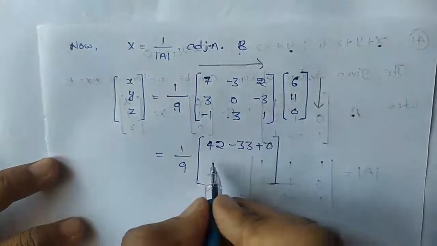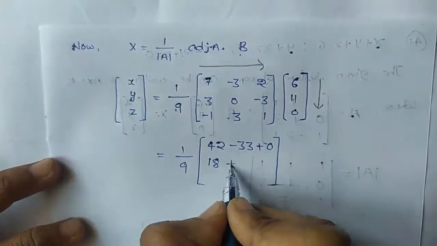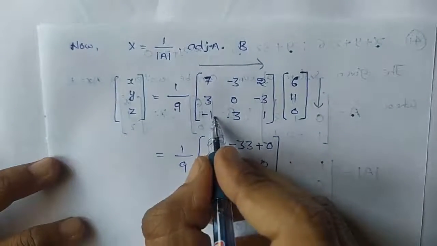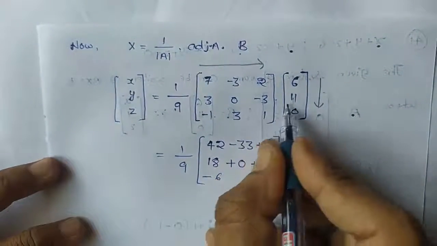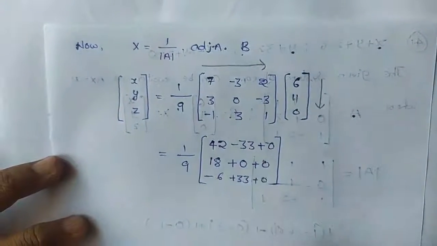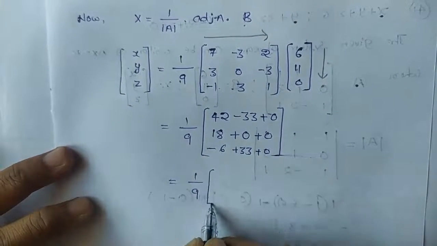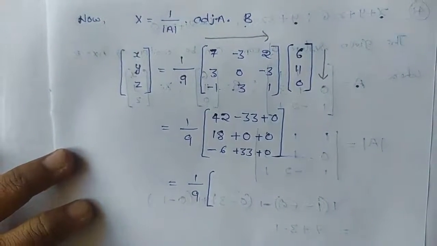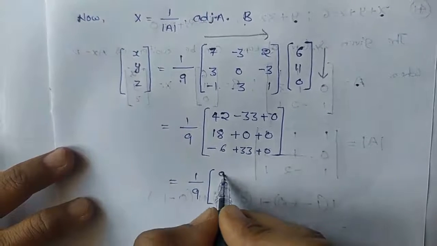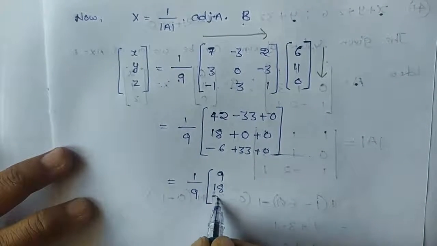Next 3 into 6, 18, 0 into 11 is 0, minus 3 into 0 is 0, minus 1 into 6 is minus 6, 3 into 11 is 33, 1 into 0 is 0. Simplify further, that is equals to 1 by 9 into 42 minus 33 is how much? 9. 18. Next, minus 6 plus 33 is 27.